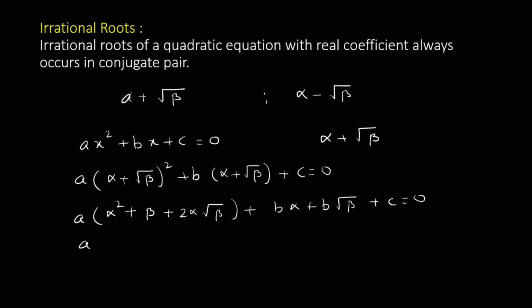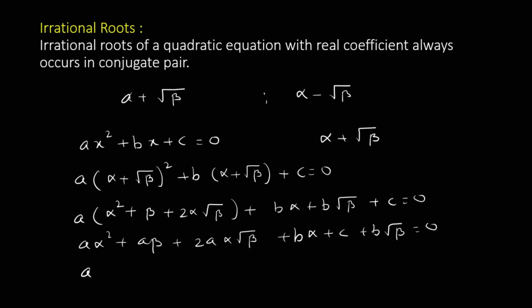So we can write here aα² + aβ + 2aα√β + bα + c + b√β = 0.